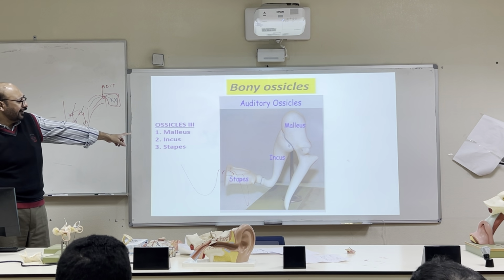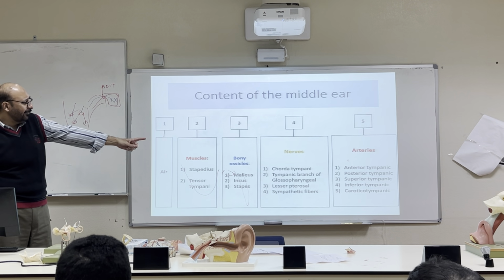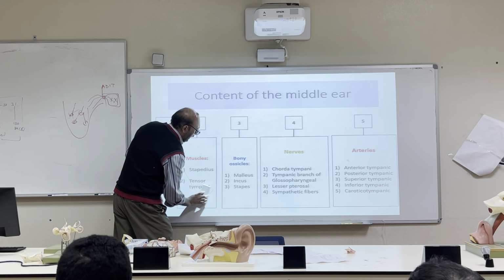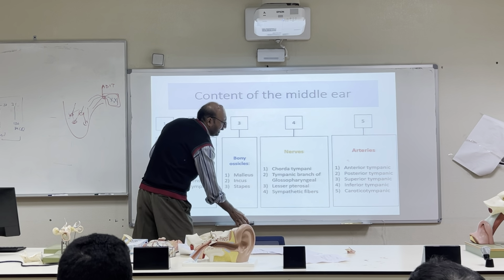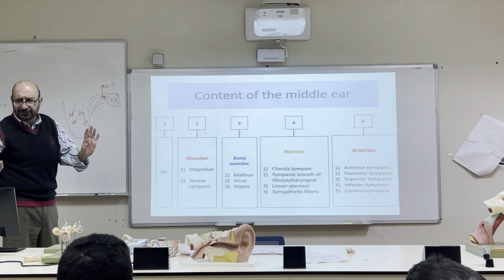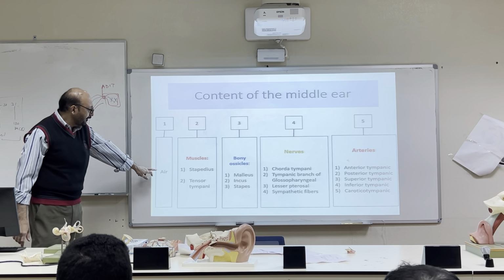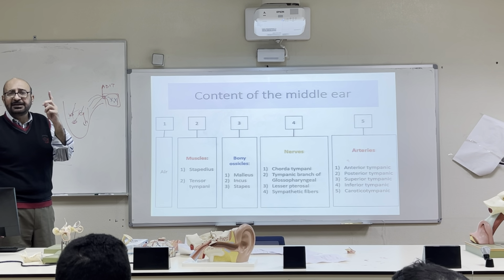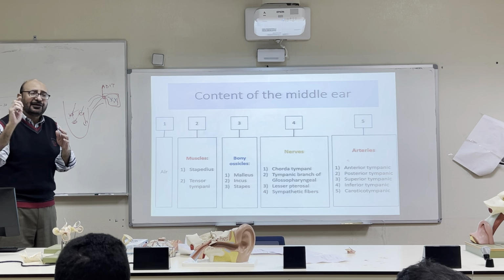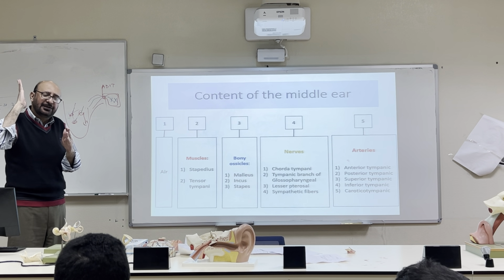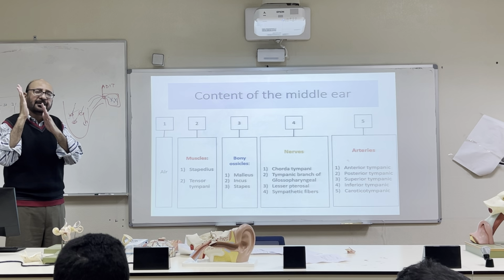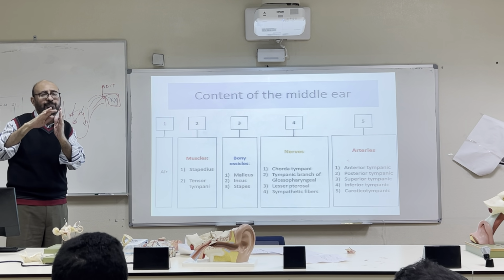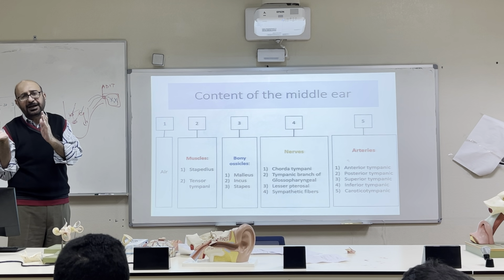You should remember the contents, and here is the table to show you all of them, and there are some small details, and we have described them in the theory, no problem. But don't forget, here is a normal content of the middle ear cavity, and that is the whole story for creation of the tympanic membrane and Eustachian tube, because the air pressure has to be equal on both sides of the ear, outer and middle ear.